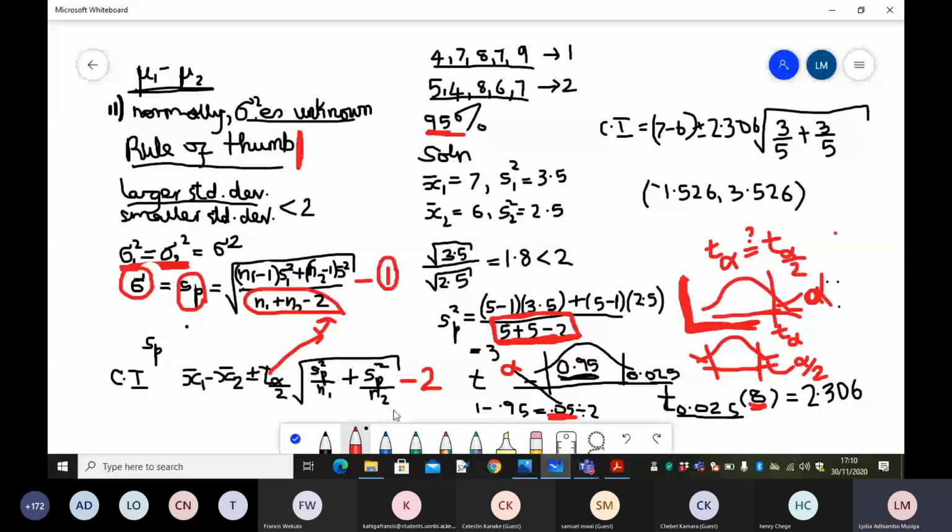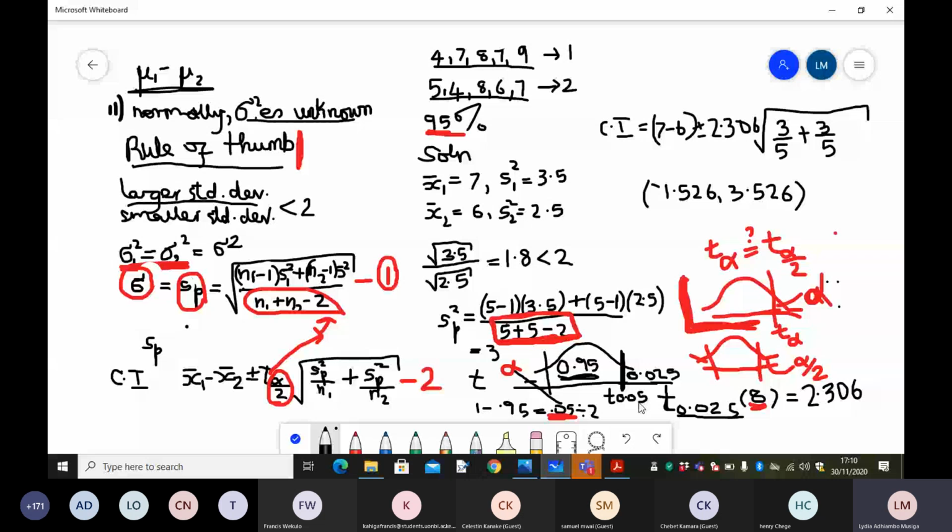There is T alpha over 2. So, what I should put on the critical line, which divides the middle area with 0.025, here I should have written T 0.05 divided by 2.